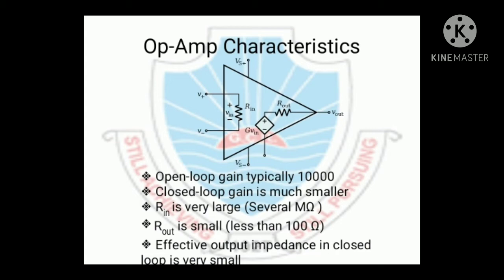But the closed loop gain is much smaller, because we do not need so much of amplification, so we use negative feedback, and closed loop gain is much smaller, and practically we can select any gain from 1 to 10,000.